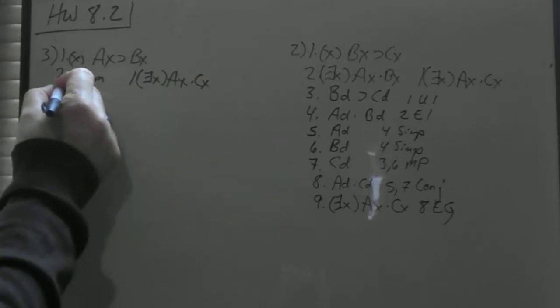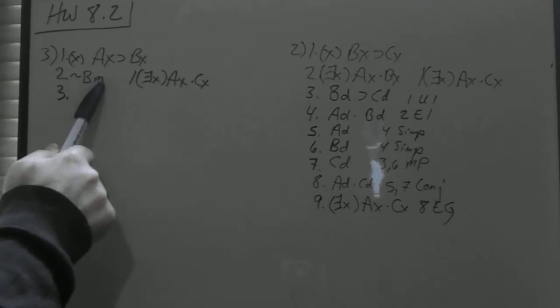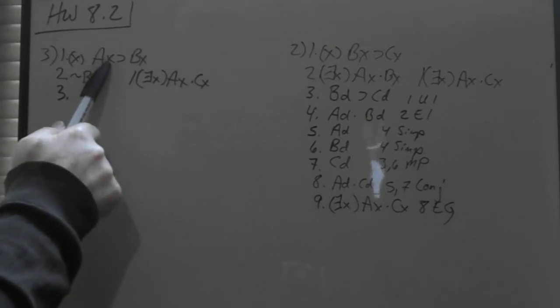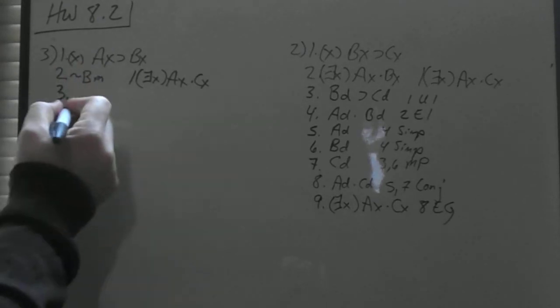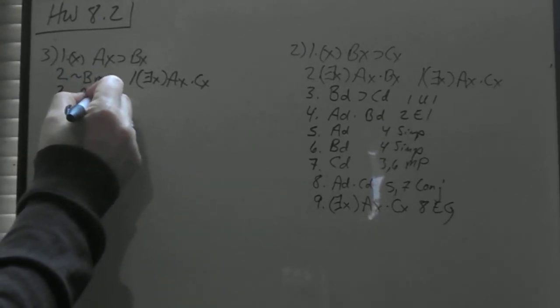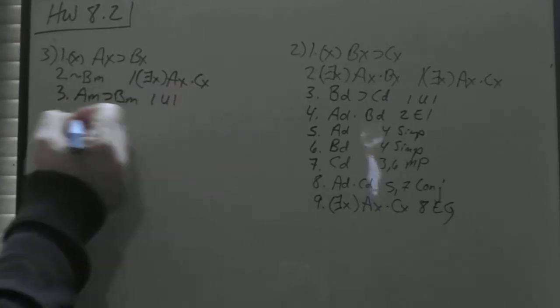Okay. Now with this one, since we've got BM, we know that M is what we're going to want to be replacing the X with. So we'll do a universal instantiation, and that becomes if AM then BM from line 1, universal instantiation.